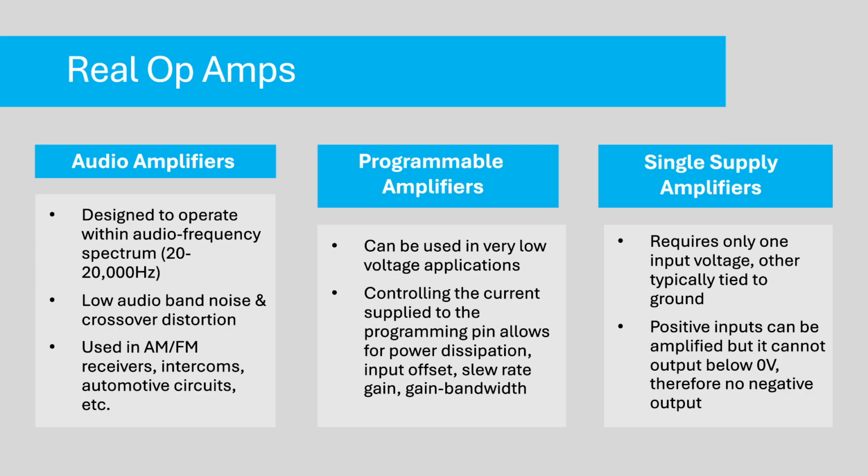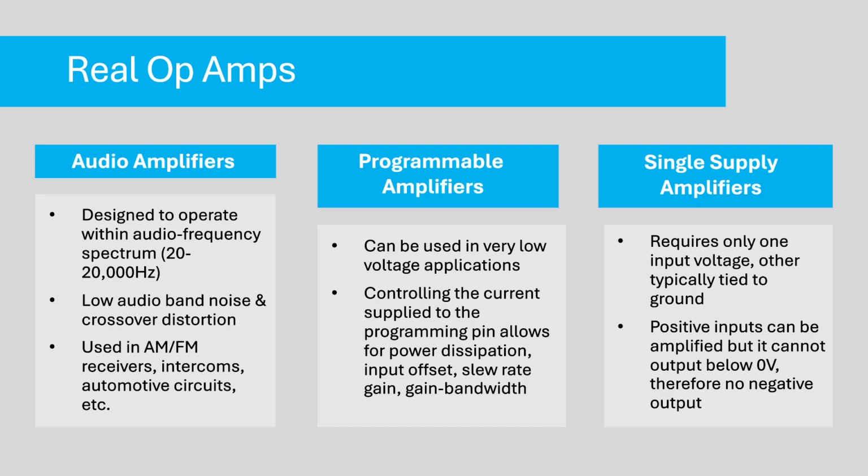We can alter the power dissipation, the input offset, the slew rate, gain, gain bandwidth. We can do a number of different things by just applying current to this single programming pin, which allows us to completely change the performance of the operational amplifier. I'll mention what those terms mean in a minute. Things like slew rate, I'll go over what that is.